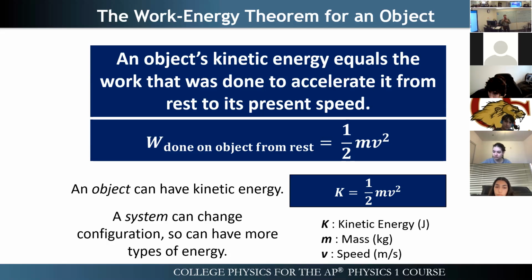So you have to have the object and the Earth for gravitational. You have to have the object and the spring for spring energy. If you're going to do dissipated energy, then you have to have the road or the track if there's friction. You have to have the air if there's air resistance. So objects can have kinetic energy by themselves, but if they have any other kind of energy, it's got to be part of a system. Keep that in mind as we look at examples today.